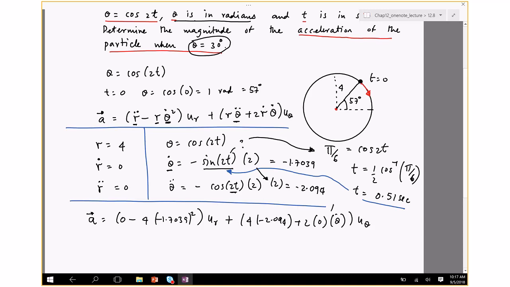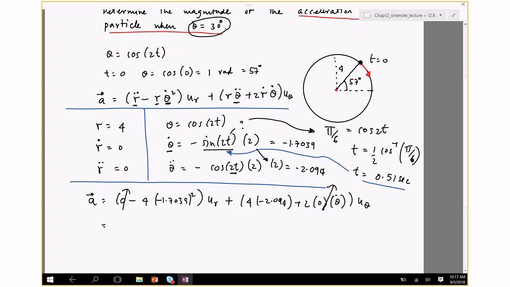So this comes out to be negative 11.161 u r minus 8.38 u theta. Okay, so that's my acceleration.